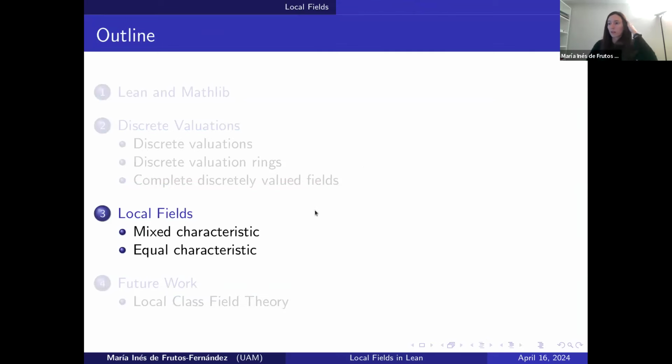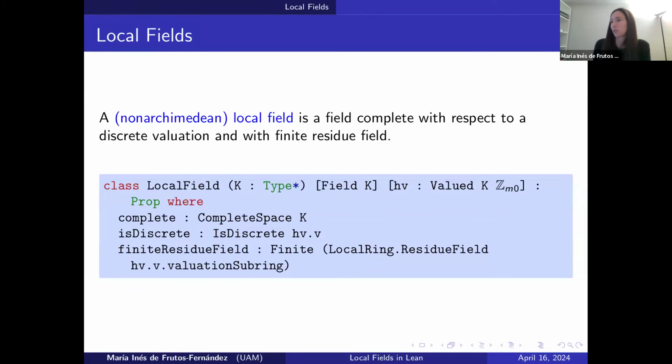Okay. So now that we have set up the general theory for discrete valuations and discrete valuation rings, we can specialize to construct the definition that I showed you at the beginning of the talk, the definition of local field. So I had said that a non-Archimedean local field is a field complete with respect to a discrete valuation and with finite residue field.